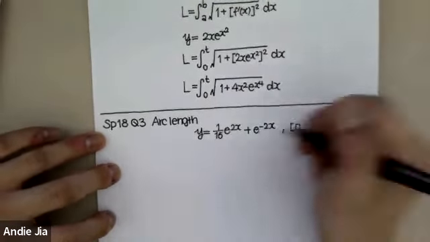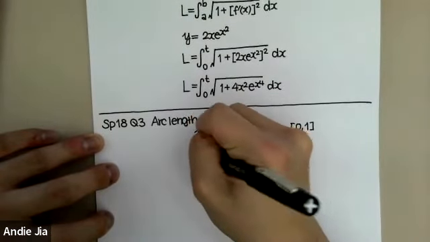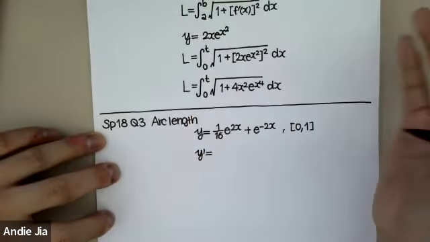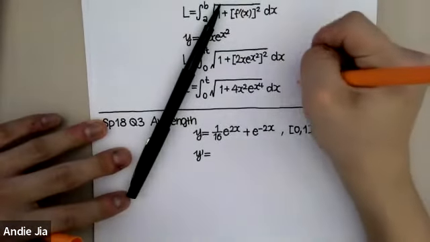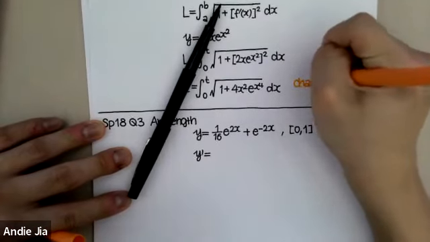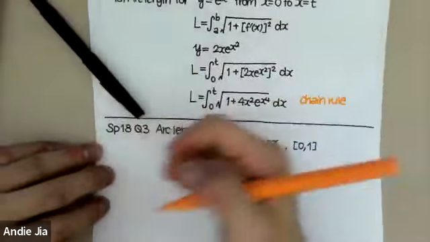The first step, we need to find y prime. y prime by chain rule. There are a lot of places where we use the chain rule. Here's my chain rule again.